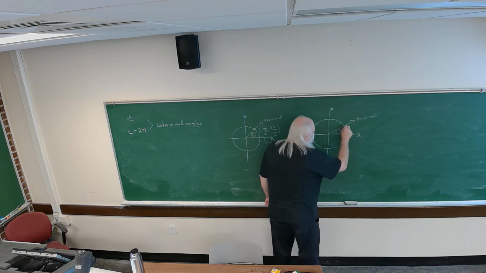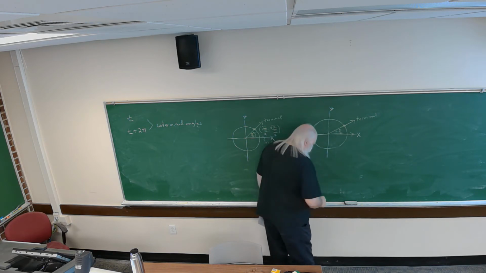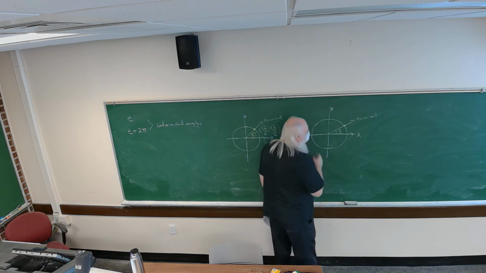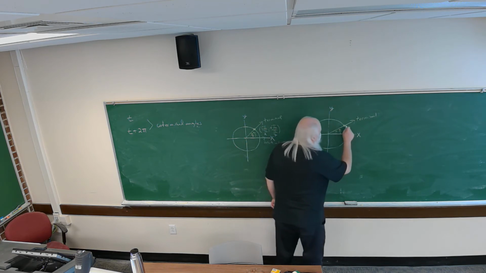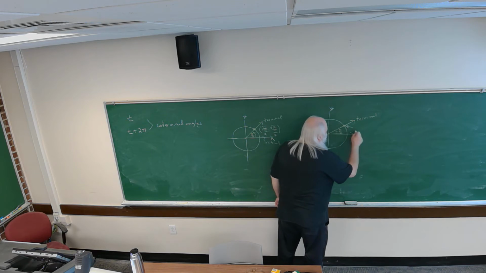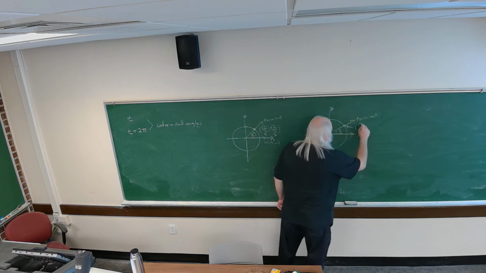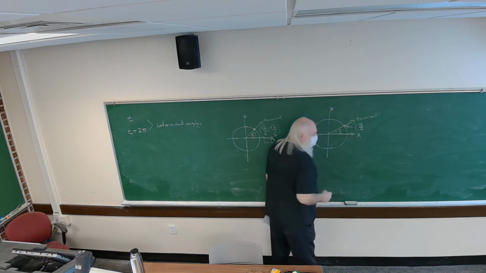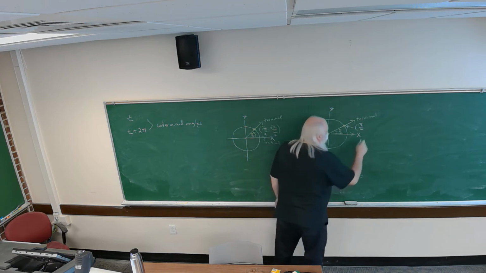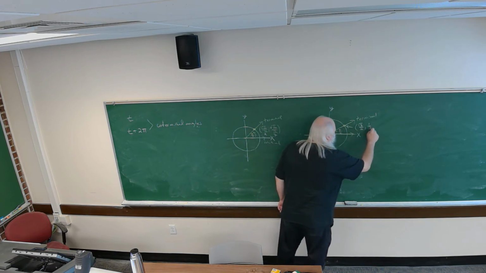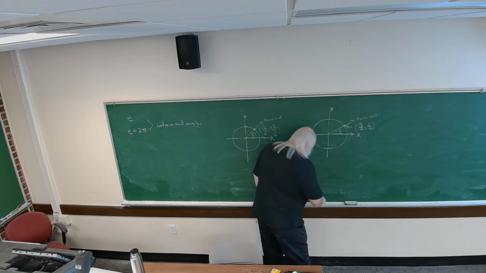And so the terminal side crosses the unit circle at this point, and the coordinates for that point are square root of 3 over 2 is the value of the x coordinate, and 1/2 is the value of the y coordinate.